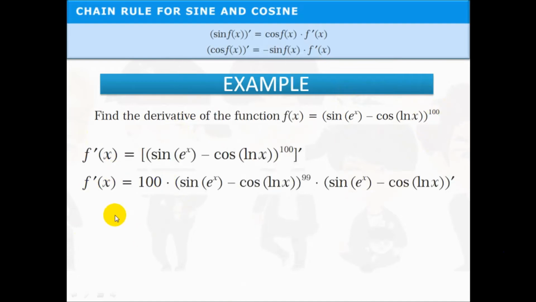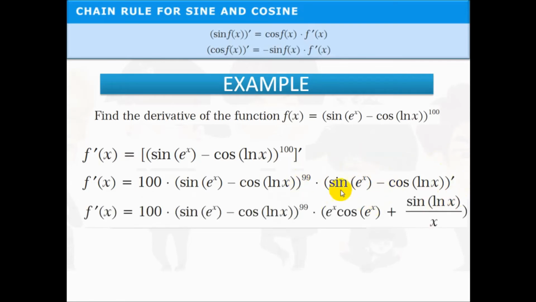Here, by using the definition of the derivative, we take the 100 in front, the function is the same, and the power must be minus 1. So we get 99 here, and then times the derivative of this function.